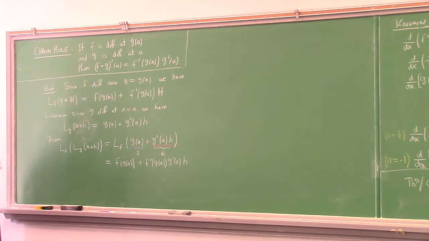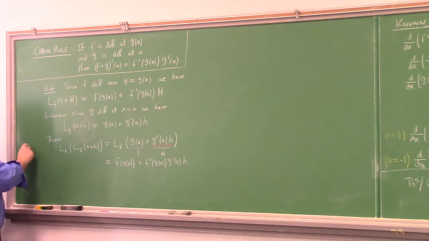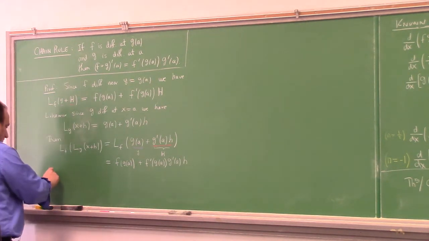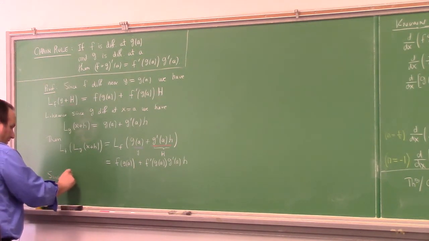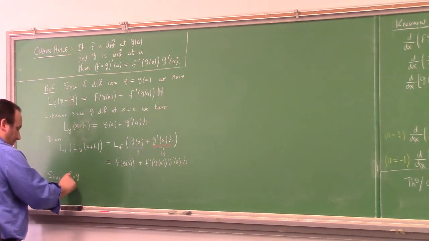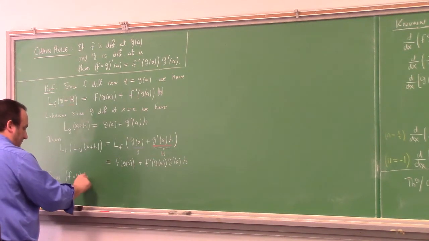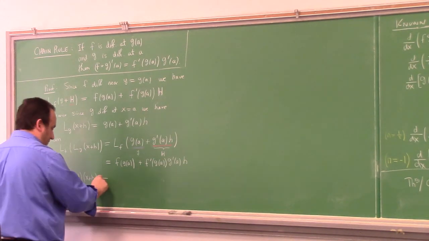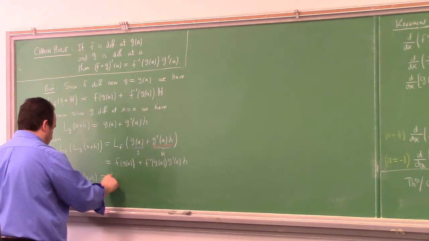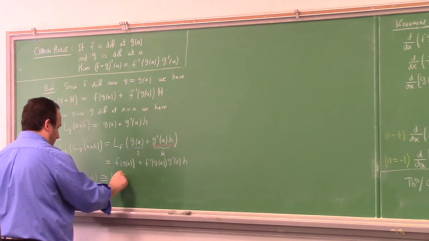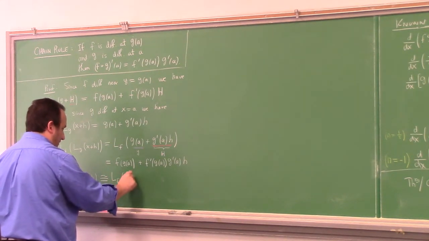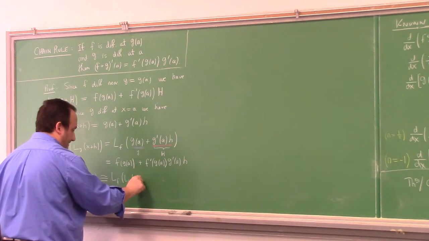So I said this isn't quite a proof, it's sort of a heuristic proof, but the idea is basically like this. F composed with g at x plus h is, to a good approximation, the linearization of f of the linearization of g at x plus h, right?